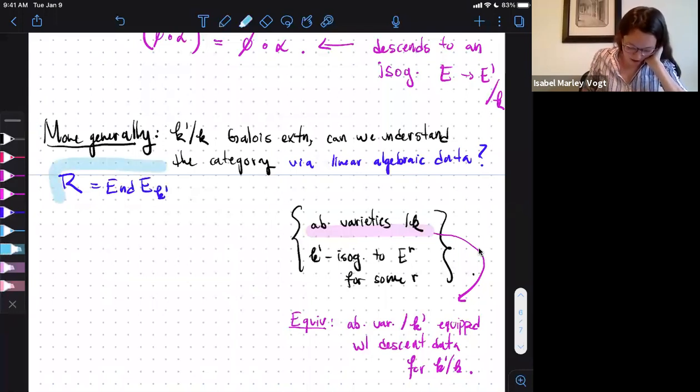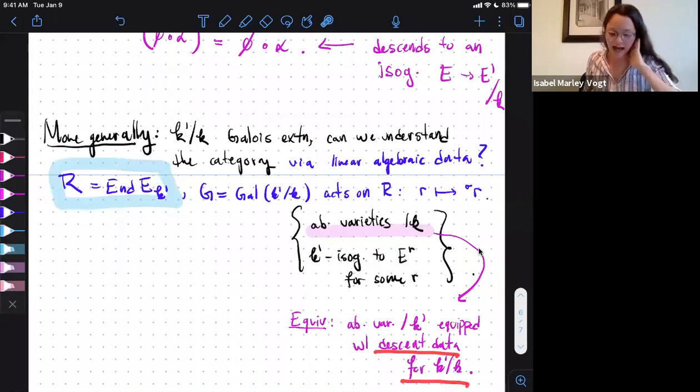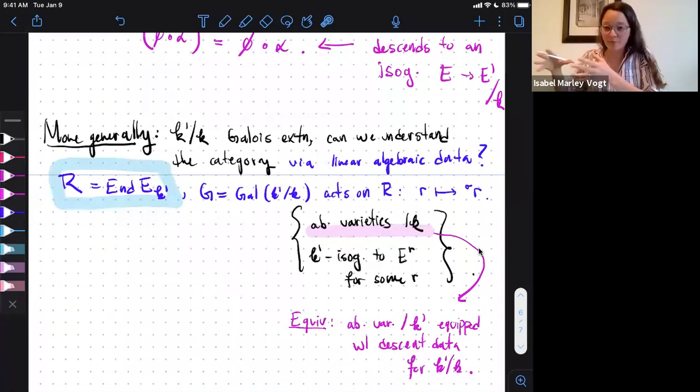I just want to highlight that R is now the endomorphisms over K prime. And if I let G be the Galois group of this extension, K prime over K, then G acts on R, and I'm going to write this action as r maps to sigma r. So this descent data for K prime over K is like giving a G action on everything so that all of the maps are equivariant for that G action.